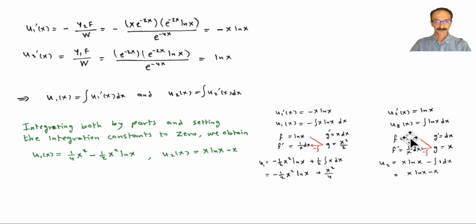These are the steps. This is minus x ln x right here. That's u1 prime. Integrating by parts gives me u1. ln x right here is u2 prime. Integrating by parts, I get x ln x minus x.